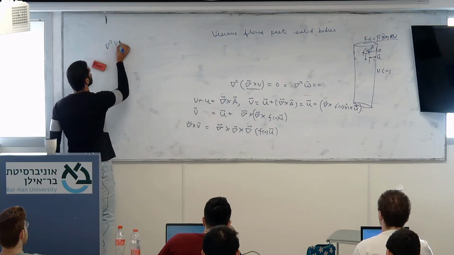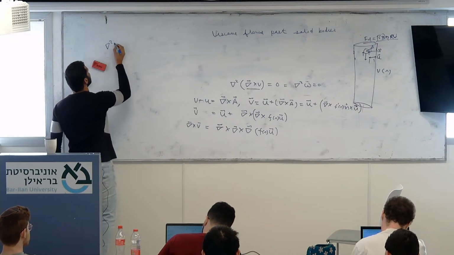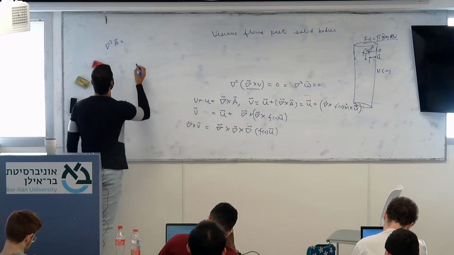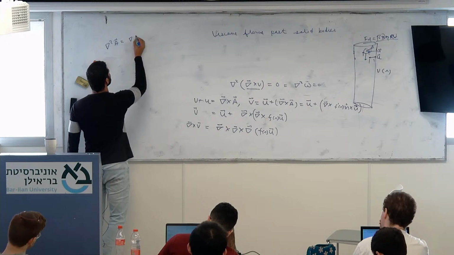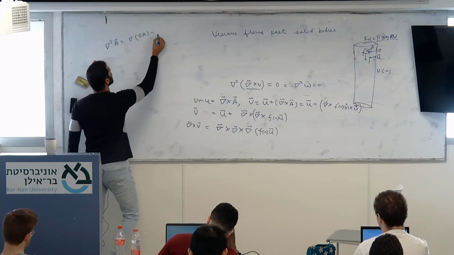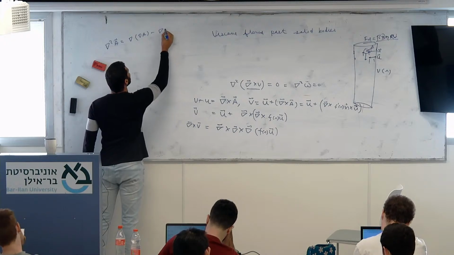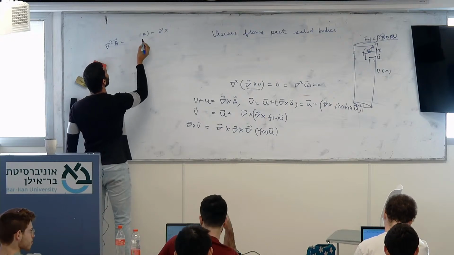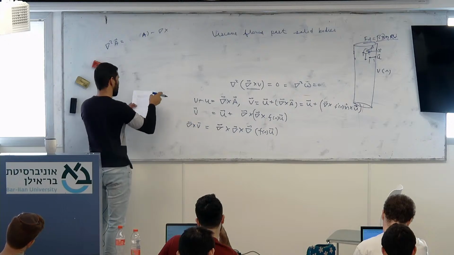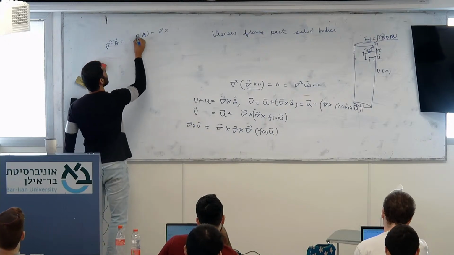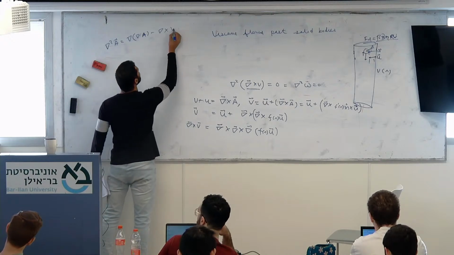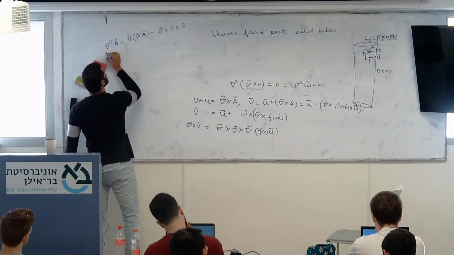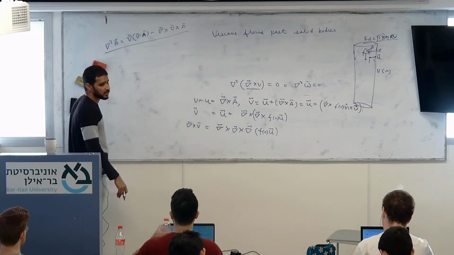Now, identity. Del of, let's say, use this identity. Del dot.